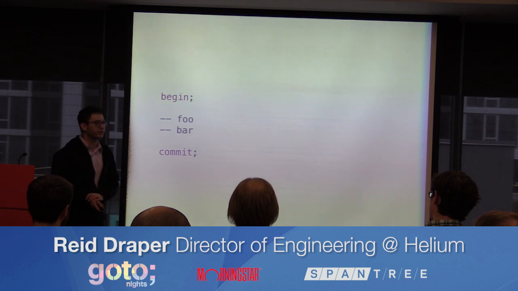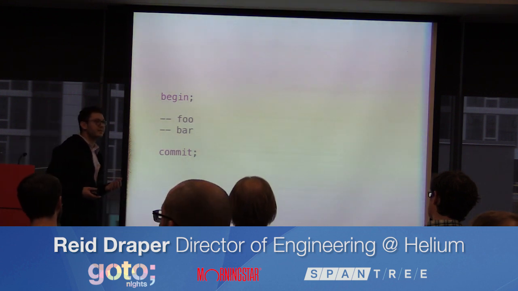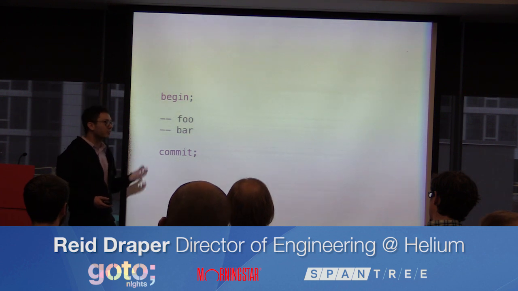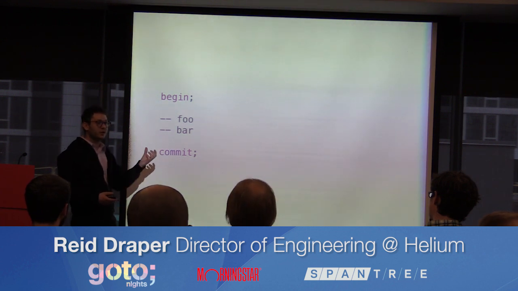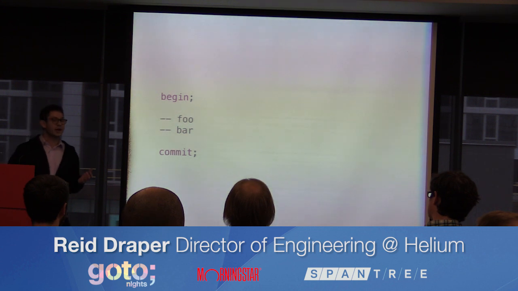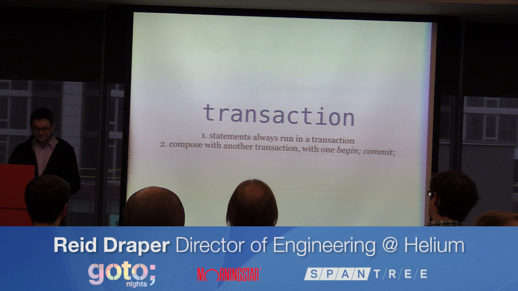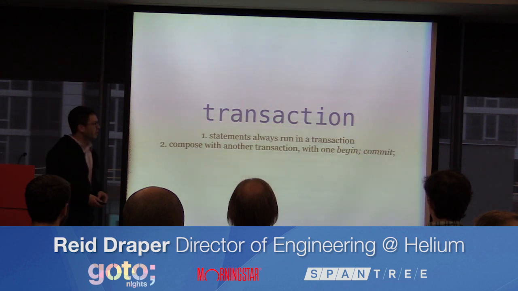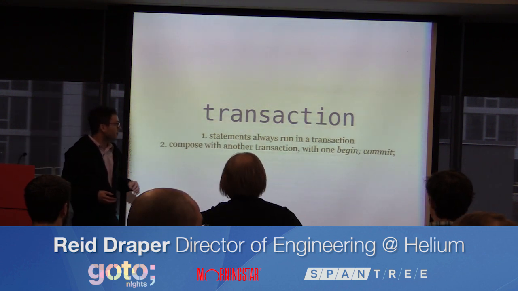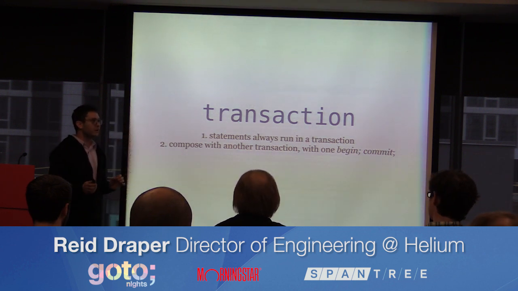Okay? All is seeming pretty sane so far, and if you were just writing these out by hand and not calling into some helper functions to create New York, create Chicago, this is pretty simple, and you say, of course, I'm only going to have one begin at the beginning, one commit at the end. And so we say that a transaction is something where the statements are always run in a transaction.